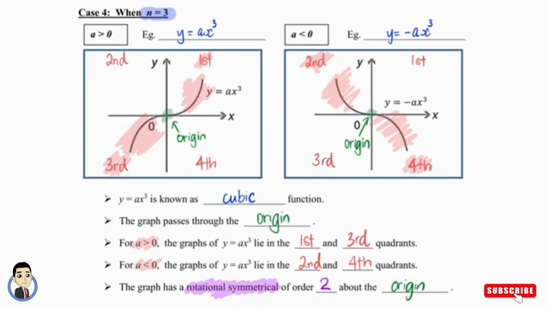It passes through the origin, and if we were to rotate the graph for the case where a is positive, it will be able to rotate onto the graph when a is negative. So there is a rotational symmetry of order 2. And we have come to the end of this part. Let's continue to explore other cases.